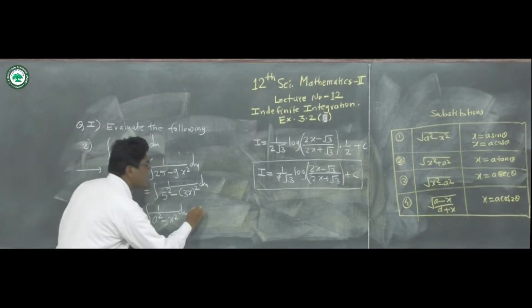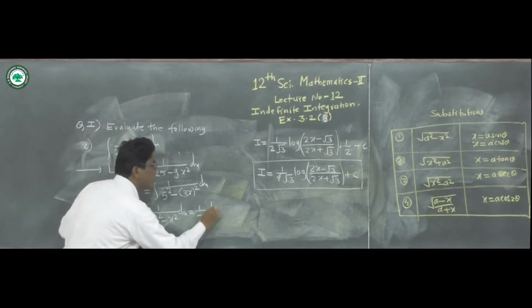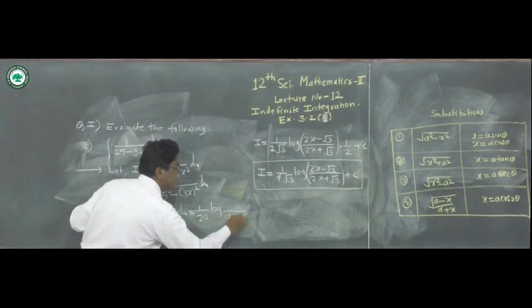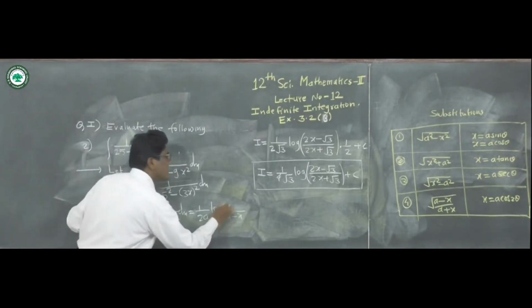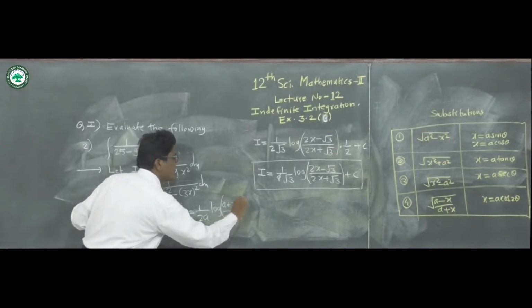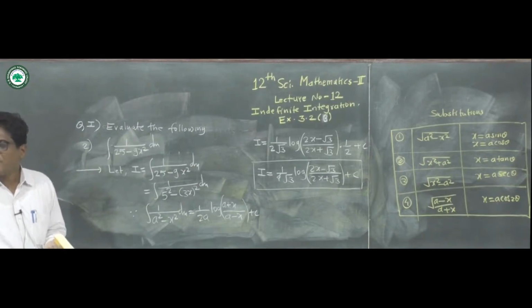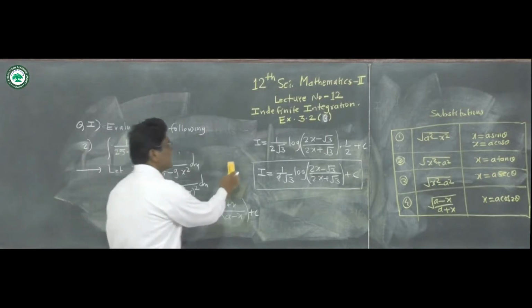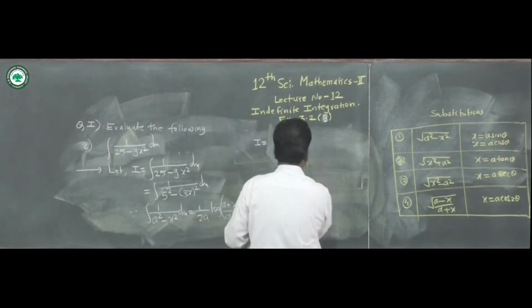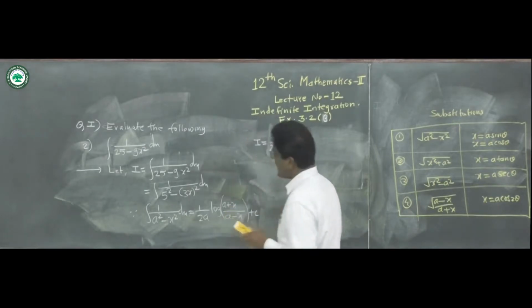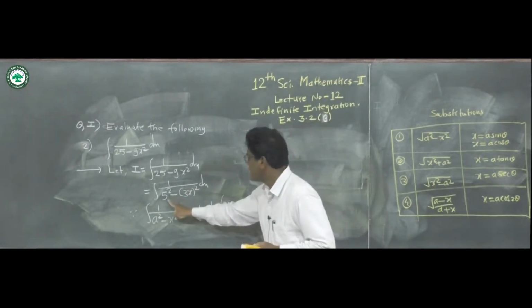It is 1 upon 2a log of, a minus x in the denominator and a plus x in the numerator, plus constant of integration. This is the standard formula. Now the required integral I becomes: I is equal to 1 upon 2 into a, here a square is 5 square, so a is 5.